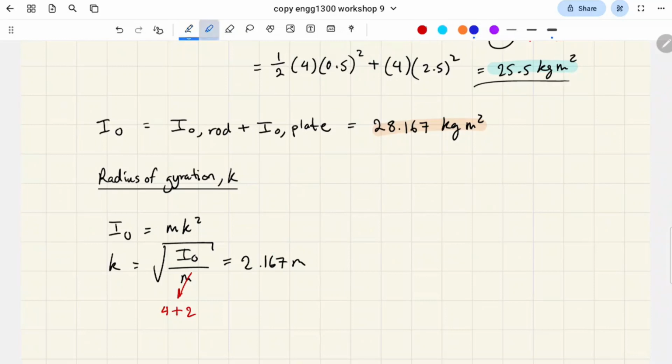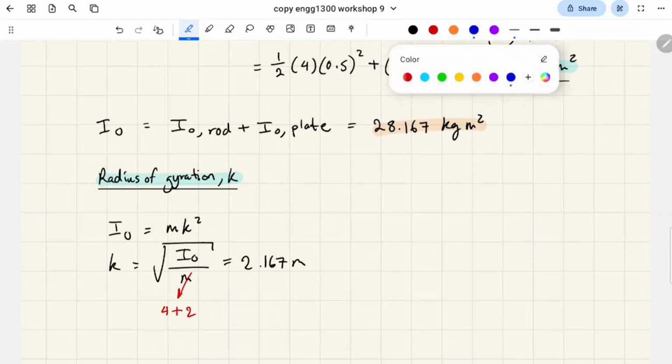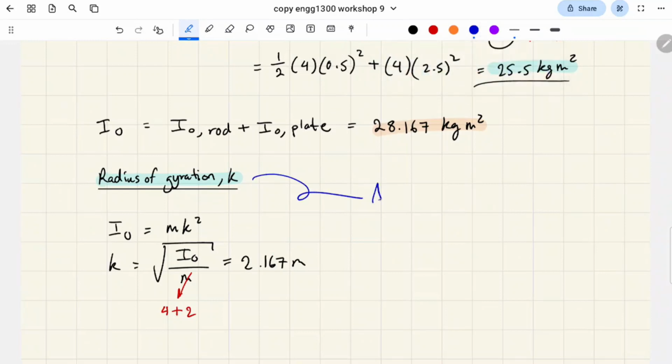Okay, so radius of gyration. This is also kind of a difficult concept to understand, similarly to IO. Here's how I like to think of it.